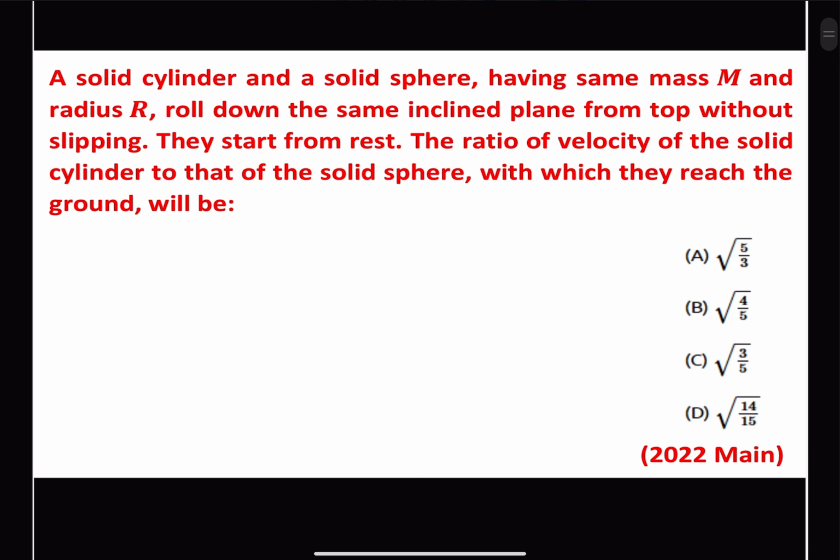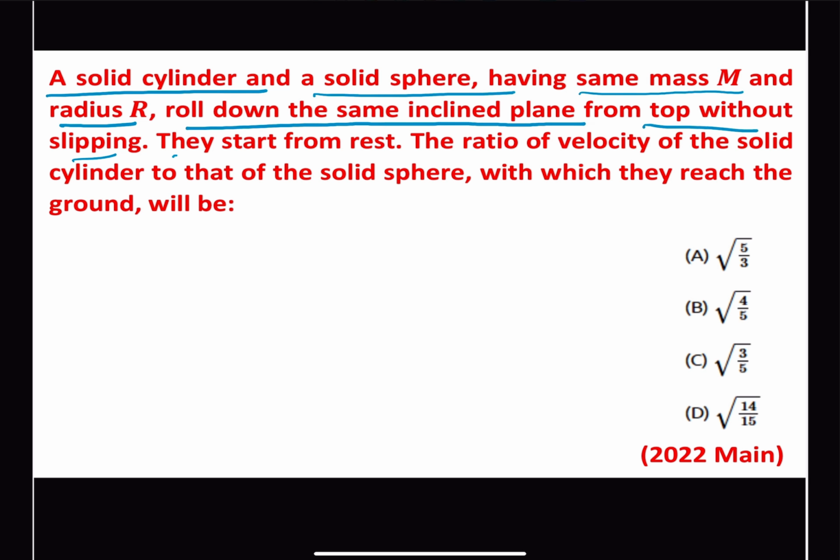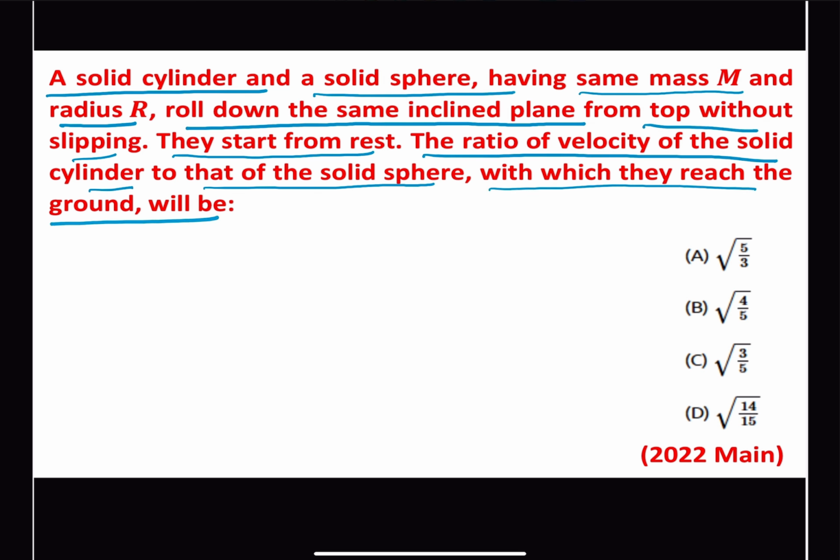So the first question: a solid cylinder and a solid sphere having the same mass m and radius r roll down the same identical plane from top without slipping. They start from rest. The ratio of velocity of the solid cylinder to that of the solid sphere with which they reach the ground will be.